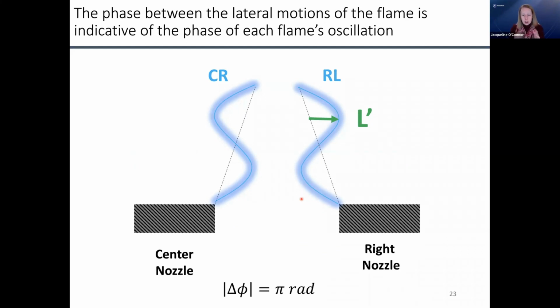And so we're going to plot this phase as a function of basically pi radians, where pi is in phase or coherent oscillations that would be indicative of instability.